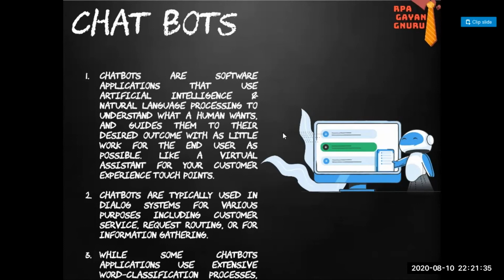And some chatbots are intelligent, that is, they learn over a period of time, and some chatbots are just dumb bots. They give you a list of menu items based on the natural language query that they're given. So most of the time they are like dumb bots.